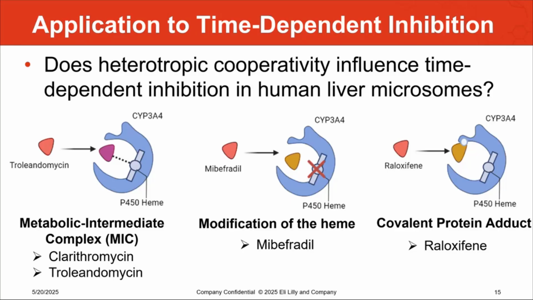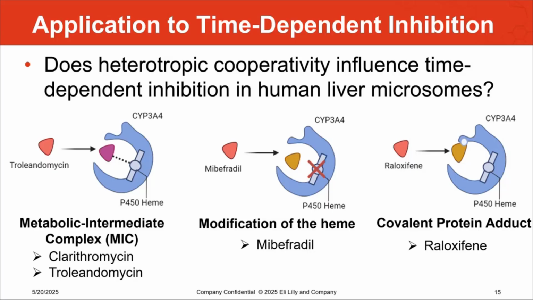Two examples of this are clarithromycin and troleandomycin. Another mechanism is the modification of the heme or destruction of the heme. Bifidil, once metabolized, will actually destroy the iron and remove it, so you no longer have the traditional P450 spectra, and essentially removing the heme doesn't allow for the catalytic reactions to occur, and the enzyme is inactivated.